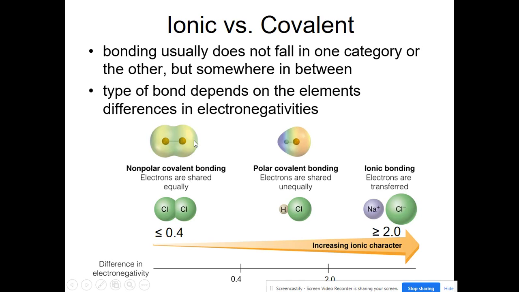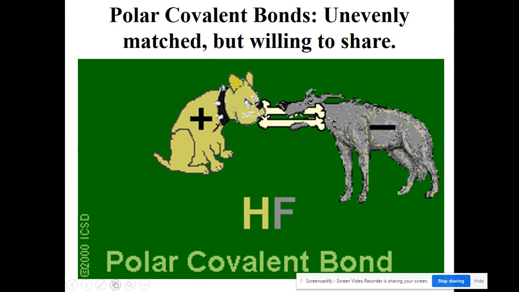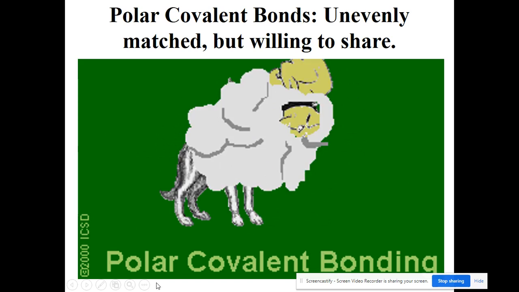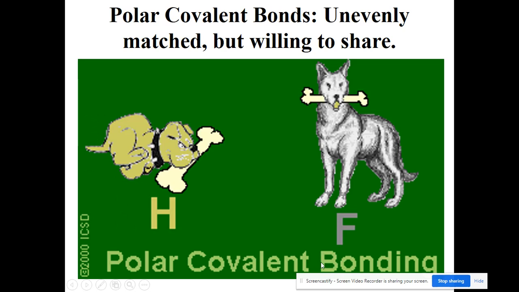For nonpolar covalent bonding, the electron cloud surrounding the two atoms is very symmetrical because electrons are being shared equally. With polar covalent bonding, what I want you to see here is the electron cloud is very asymmetrical since electrons are being shared unequally. So what I want to show you with this analogy is that when we think about a polar covalent bond, the more electronegative atom, in this case fluorine, actually ends up with electrons more of the time.